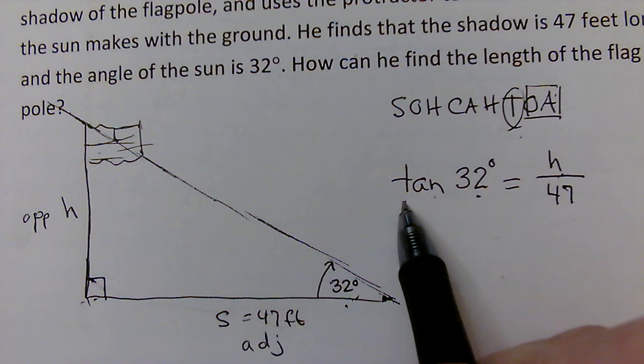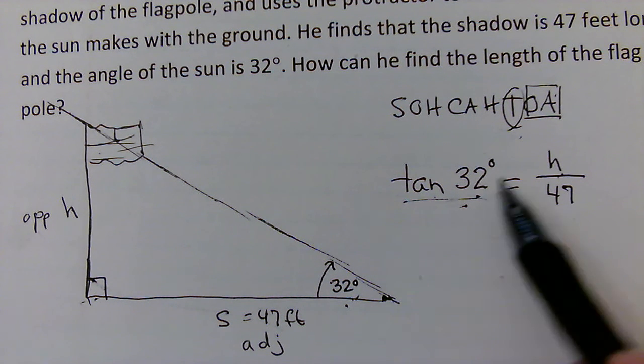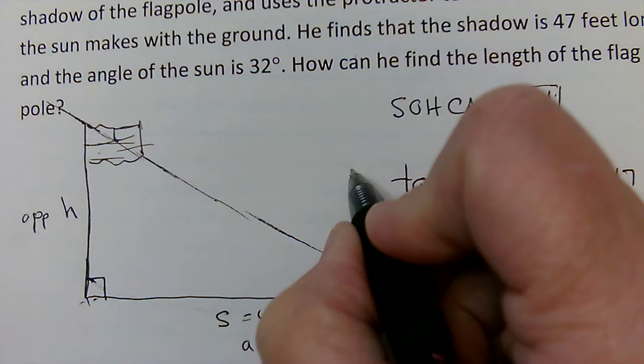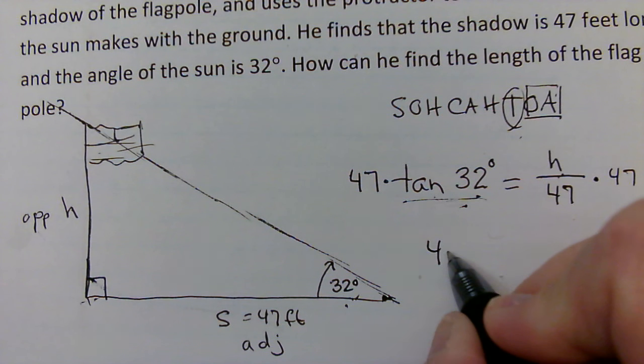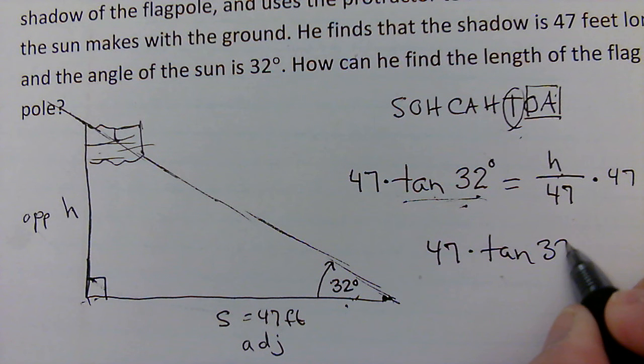Please remember, don't put this into the calculator before you solve for H. Just treat it like a variable and carry it along in the problem. So to get H by itself, I need to multiply by 47 on both sides of the equation. So that gives me 47 times the tangent of 32 degrees equals H.